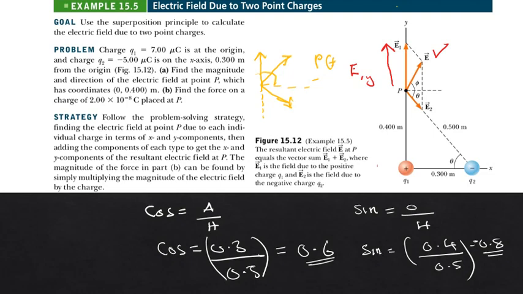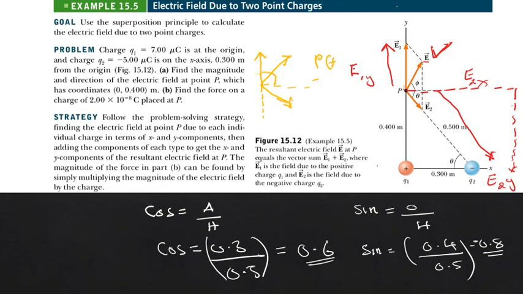But for Q2, remember that this guy is feeling a force of attraction because this guy is negative. So there is going to be a vector component in this direction, which we are calling E to X, then a vector component in this direction, which we are calling E to Y.